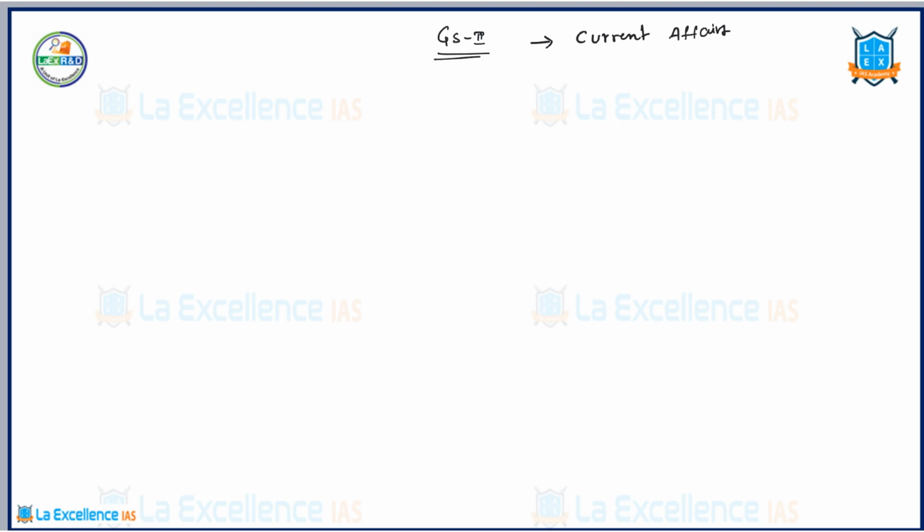So what does GS Paper 2 consist of? One is Indian polity and constitution. And the next is social justice, governance and administration.